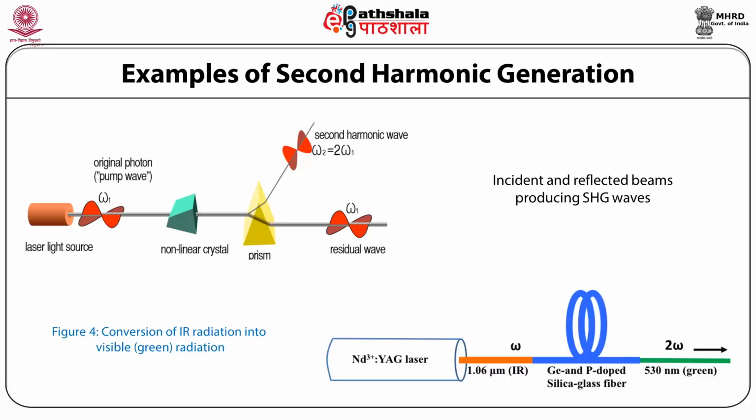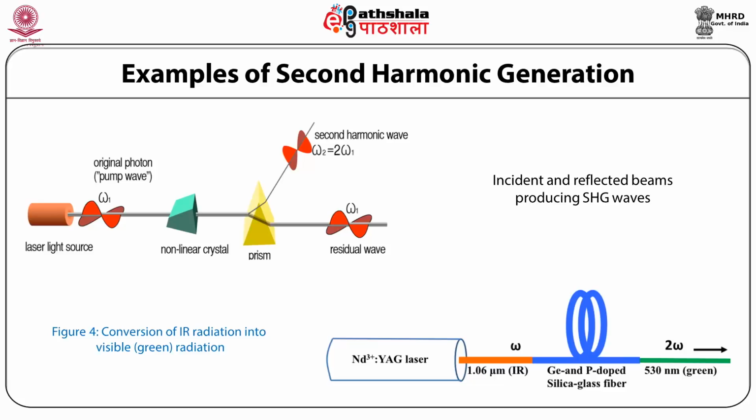As example 2, one common use of second harmonic generation is to convert the output of a fixed frequency laser to a different spectral region. An example is neodymium doped yttrium aluminum garnet, generally known as Nd:YAG, a crystal that is used as a lasing medium for solid state lasers.